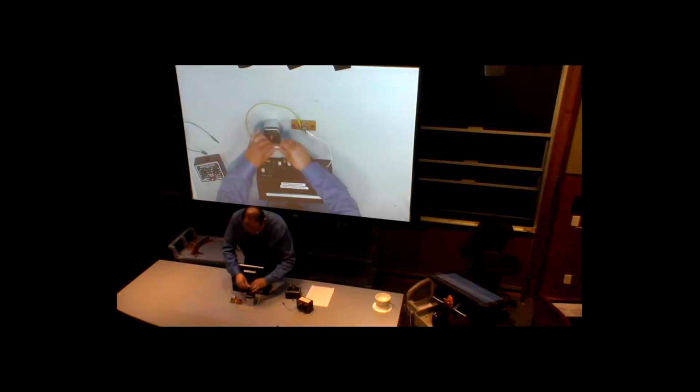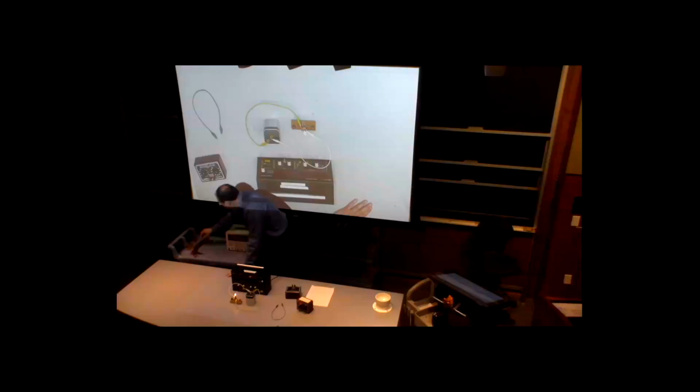I don't really need the switch, I can just connect directly. It's on. Now let's say I want to measure voltage. As we know, there's always the reference point, that's what we call zero potential.